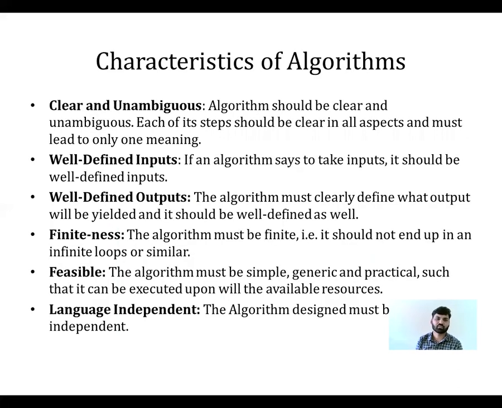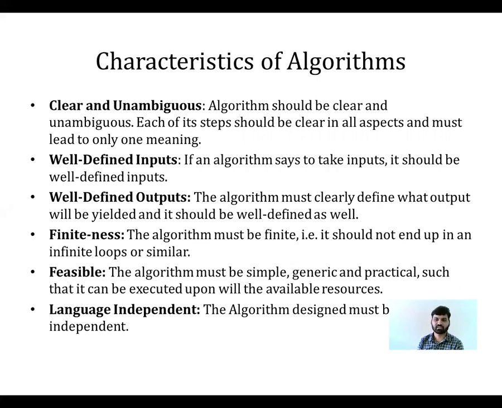Then next, different characteristics of algorithms. First one is clear. The algorithm should be clear. Whatever algorithm you are going to write, that should be clear. You can understand that algorithm by using various steps. Second characteristic, well-defined inputs.